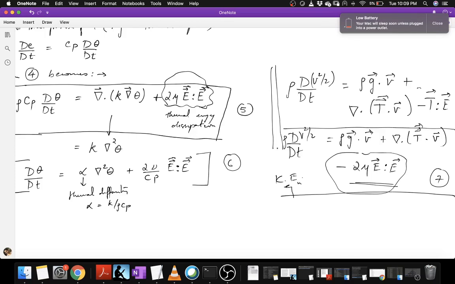What this equation tells me is that if I begin with a fluid in motion, but then I do not exert any body or surface forces on it, the fluid won't stay in motion forever; rather the velocity will keep decreasing because of the loss of kinetic energy due to this energy dissipation. And that kinetic energy which is lost due to the action of viscous forces will get converted to heat and show up in the temperature balance equation.